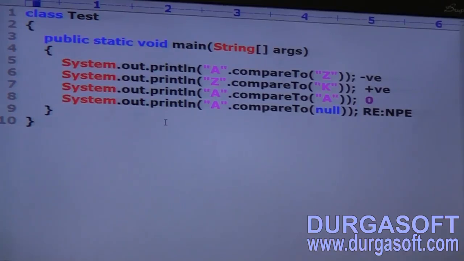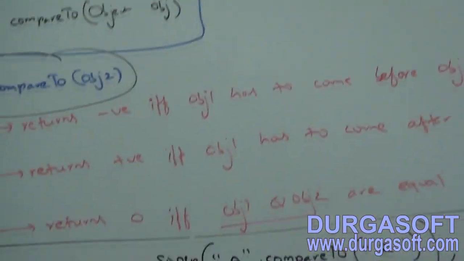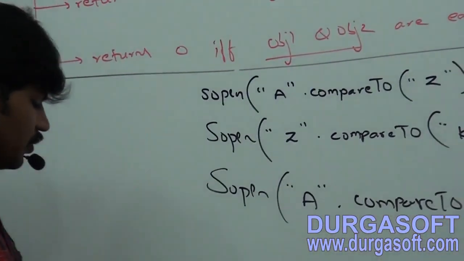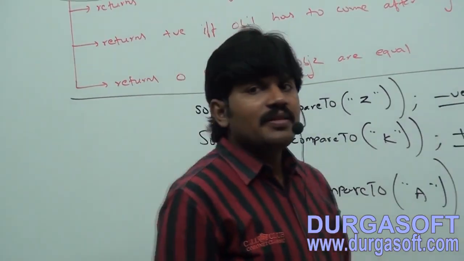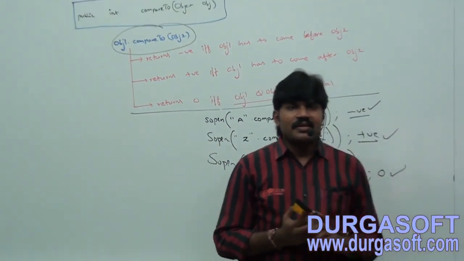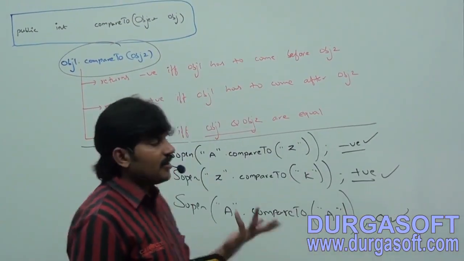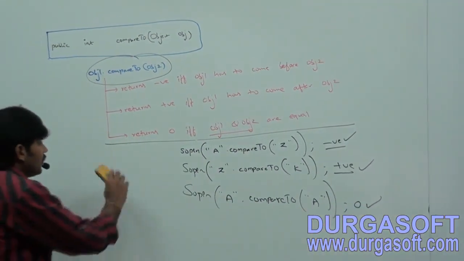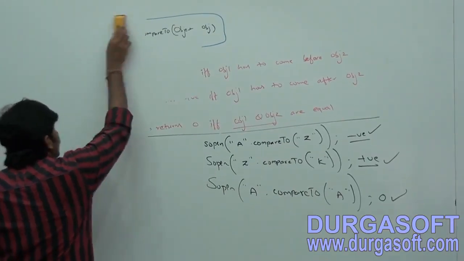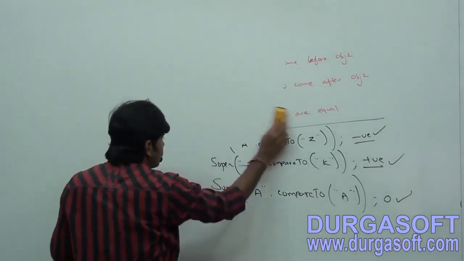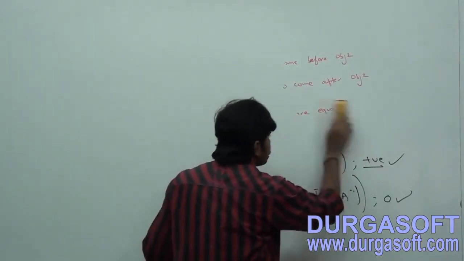Now just observe. You may have a big doubt: sir, what is the relation between the compareTo method and the TreeSet? Internally how is this happening, what is the link between TreeSet and compareTo or Comparable? Now listen to this point well.